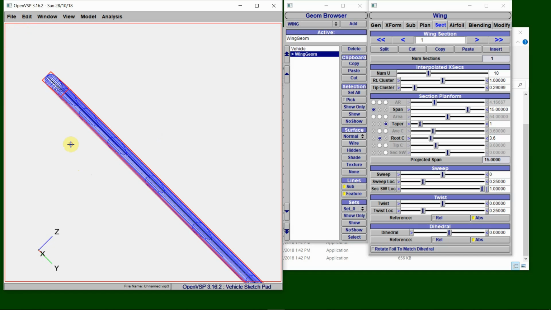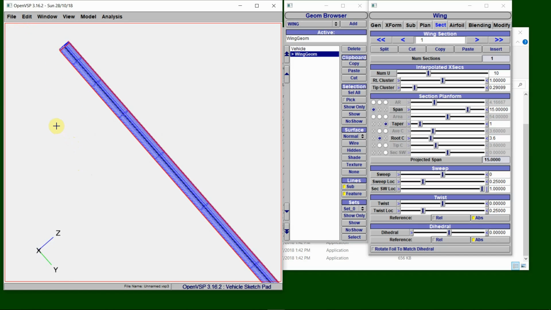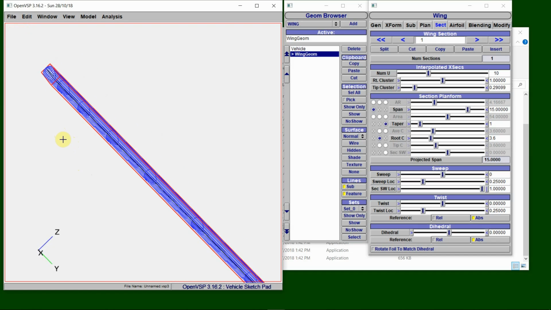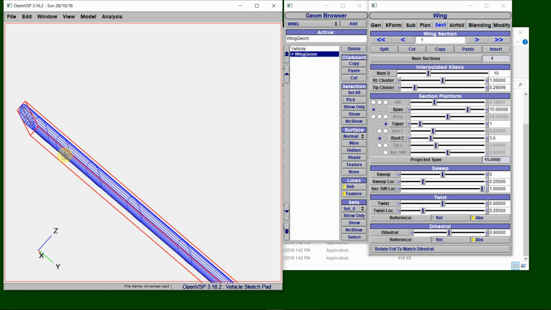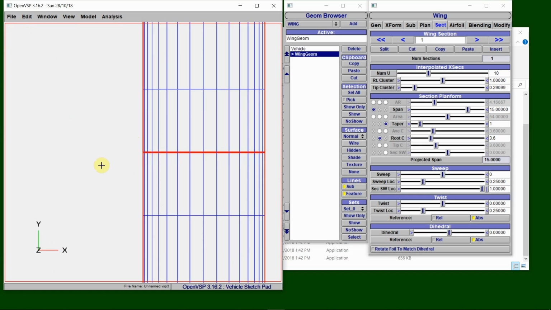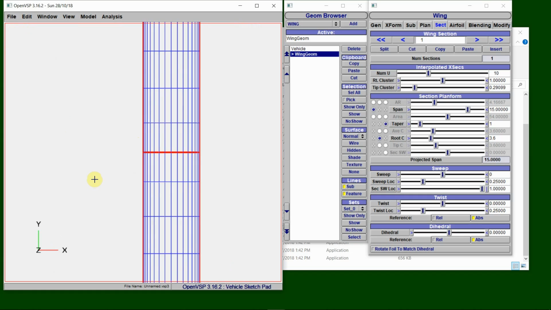It's kind of hard to tell, but the tip is flat here on the end. And that's fine. That kind of matches what we really want to do for our calculations. And to get to a nice view, we can come up here and say View Top, and it'll come back to the top. But we need to zoom back out just a little bit.